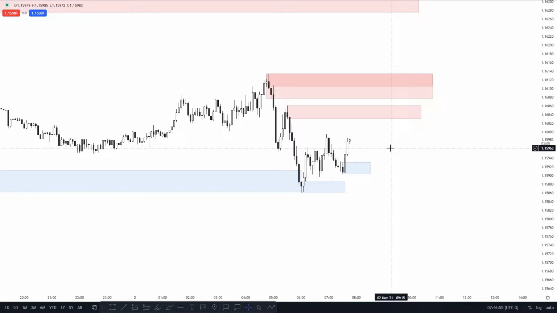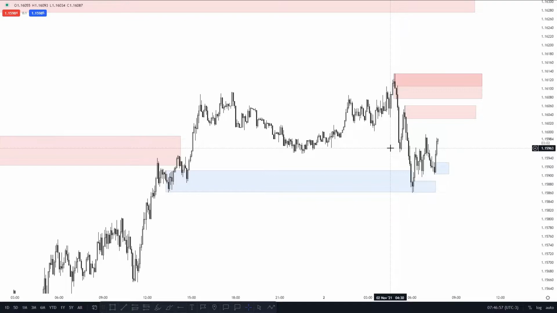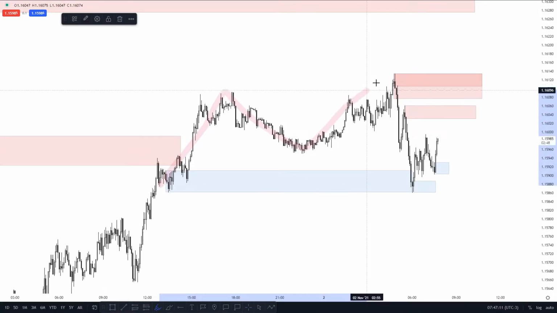Okay. So I don't want to say we're bullish, I don't want to say we're bearish, because we were pushing higher and the order flow that we had was basically this, but then it was broken, the low was broken, and it was actually a flip.